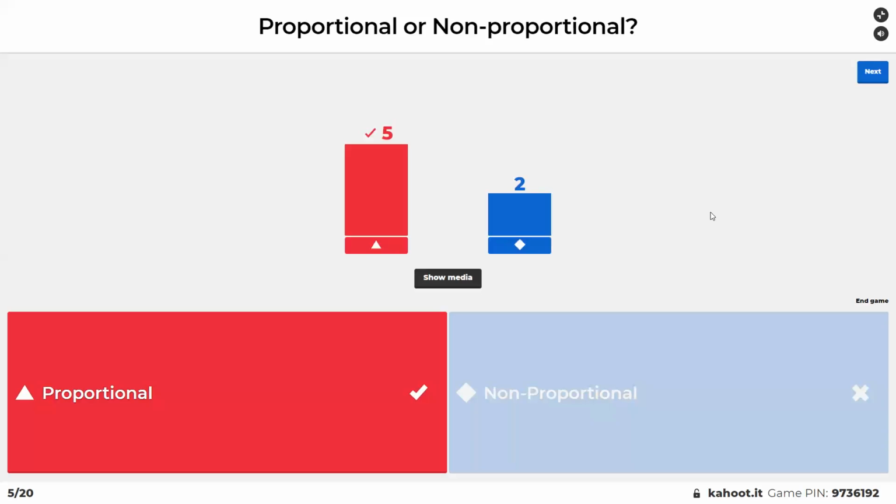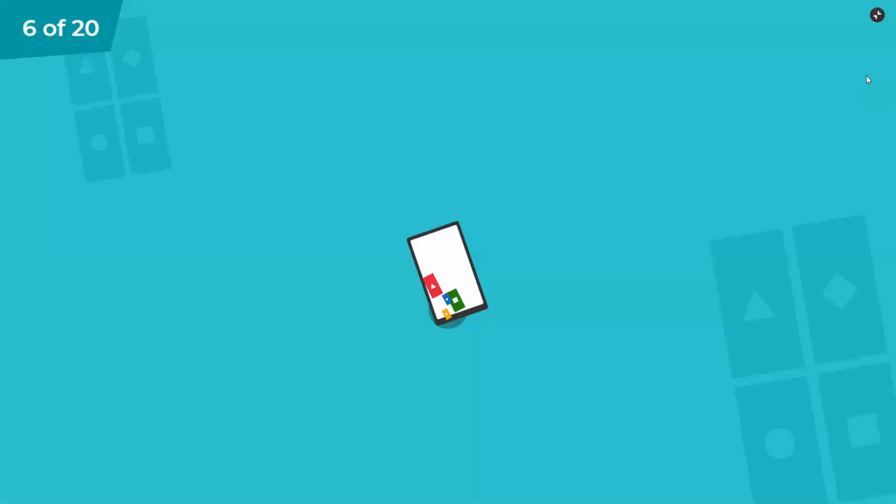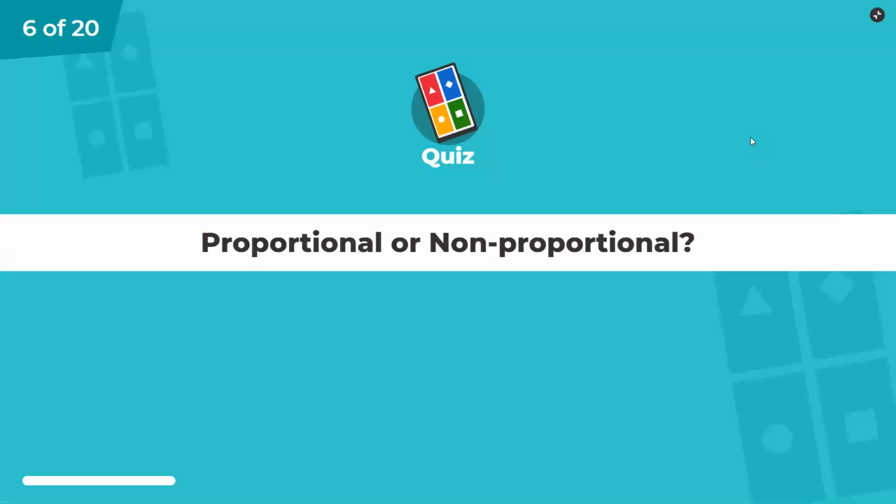So when you take 2 divided by 10, that's going to be 0.2. When you take 3 divided by 15, you're going to get the same thing. When you take 4 divided by 20, you're going to get the same thing also. So when you get the same thing all the way down, that's going to be a proportional relationship. We did that our first week of this unit. I know it's a lot of review.